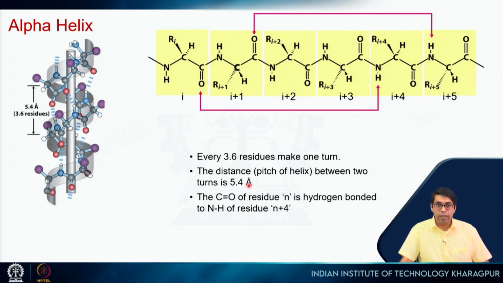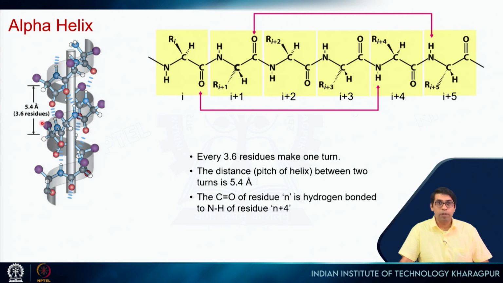So here are some of the characteristics of the helix. I told you that the pattern is i+4. If we go like this, then 3.6 residues make 1 turn. So in 1 turn there is not an integral number of amino acids. It is not 3, it is not 4, but it is 3.6, and the pitch of the helix between 2 turns is 5.4 angstrom.